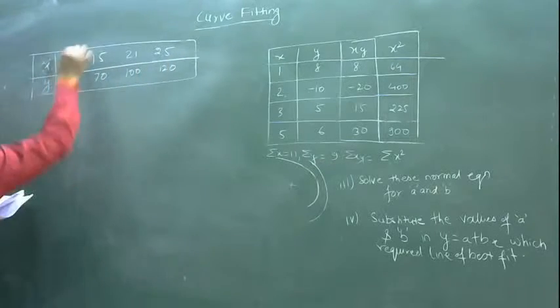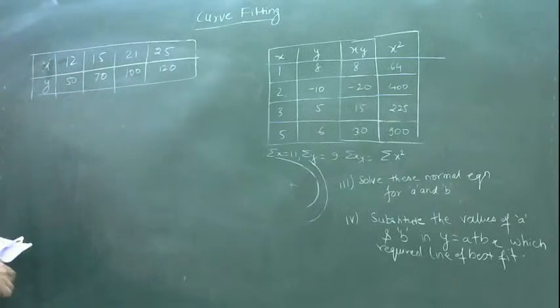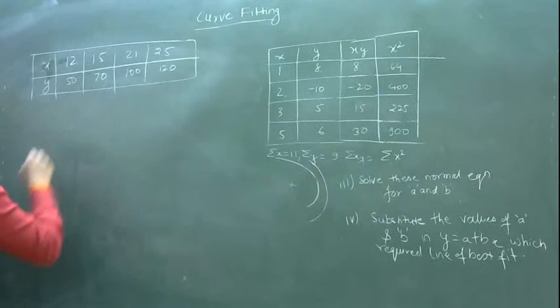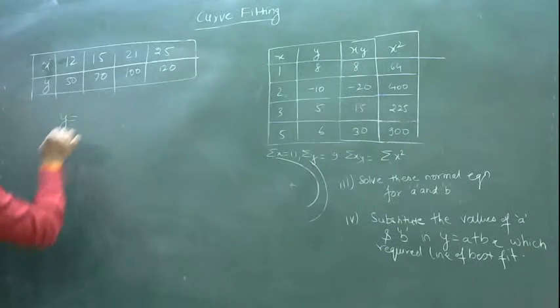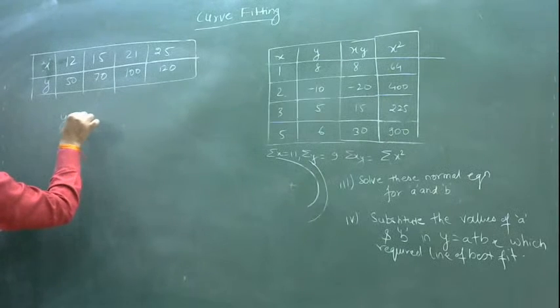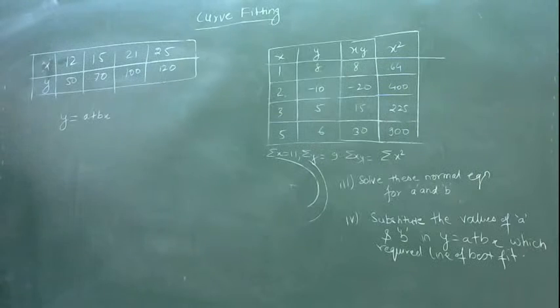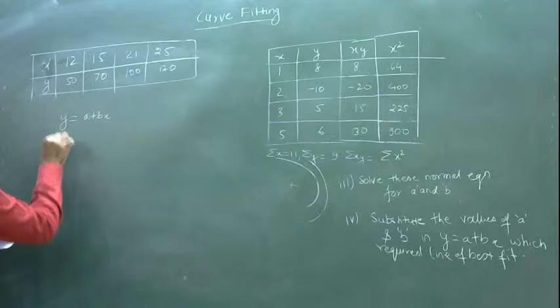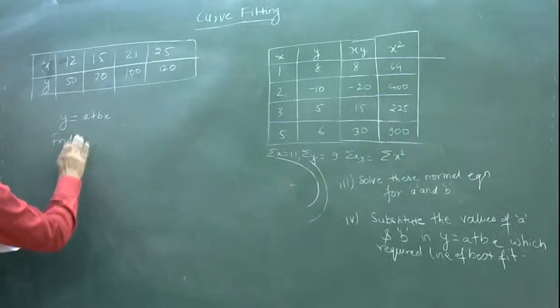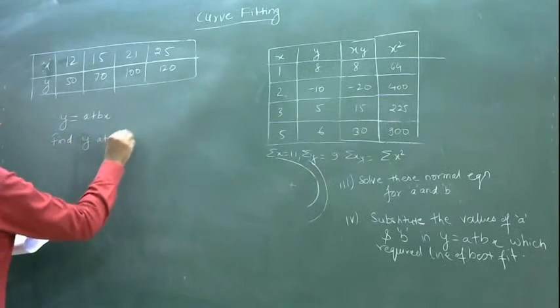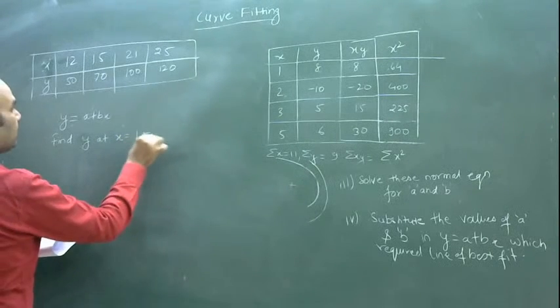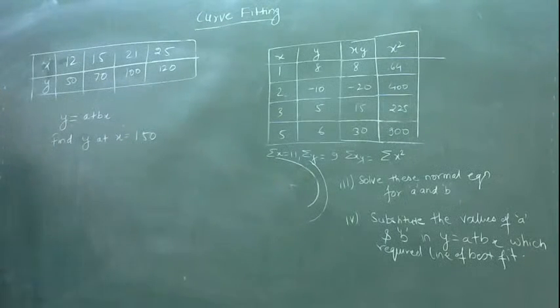So the values of x and y are given, and the relation between x and y is given as y is equal to a plus bx, so this is the equation of a line. Okay, so this is the relation between y and x, and you have to find y at x is equal to 150.